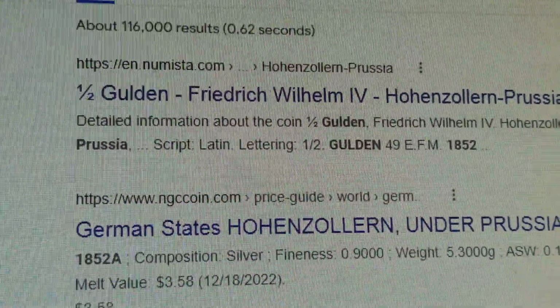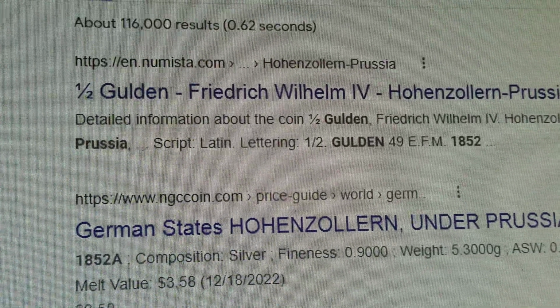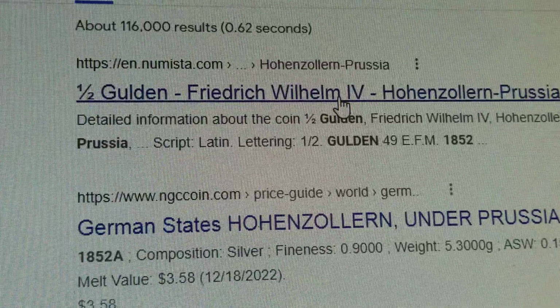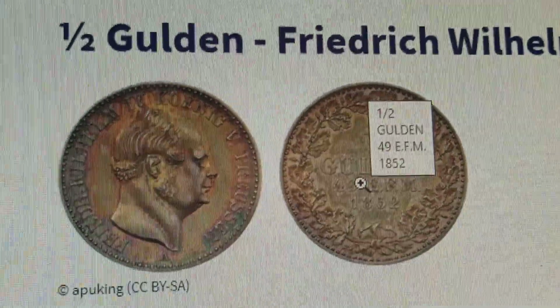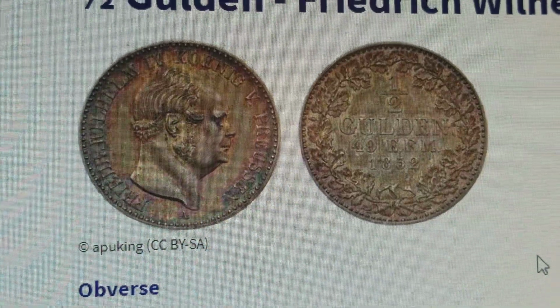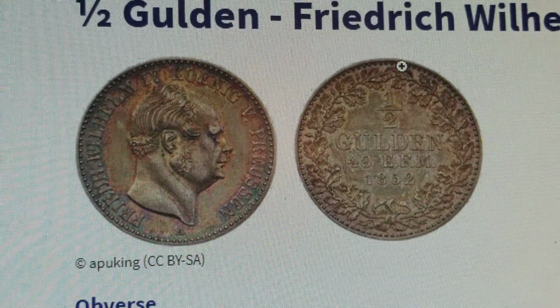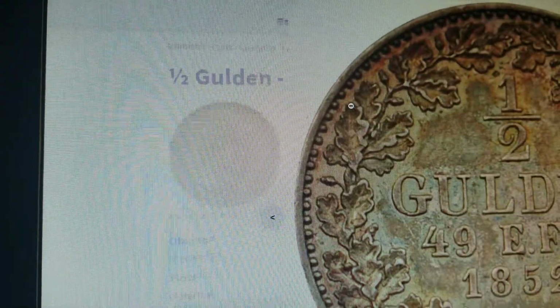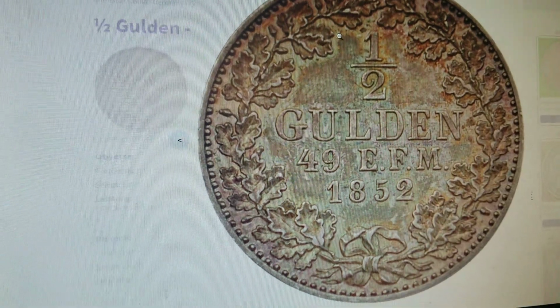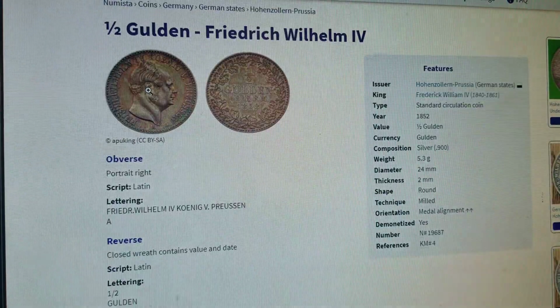So here's our half gulden with Friedrich Wilhelm. And this is our coin, as you can plainly see, 1852. We can take an even closer look at their example and go back and compare it with my example and see where you think we're at as far as niceness goes.